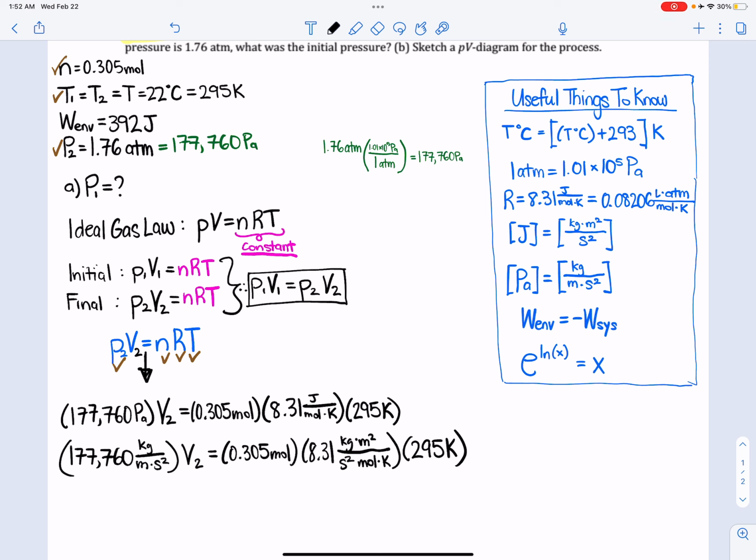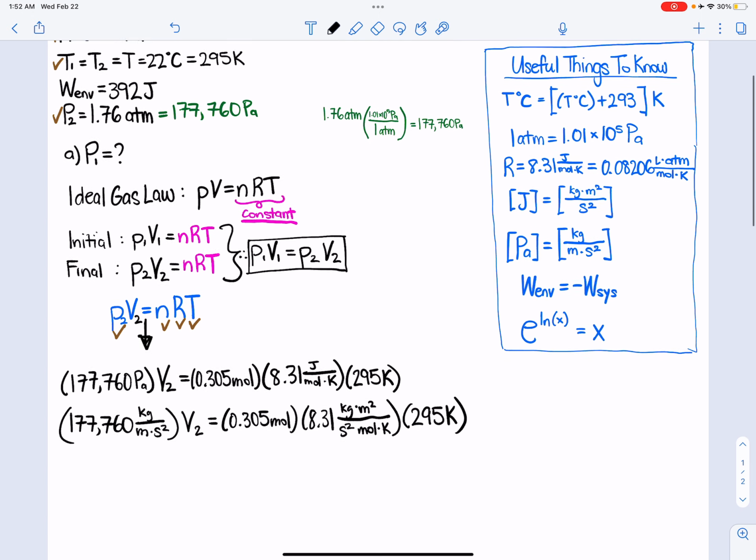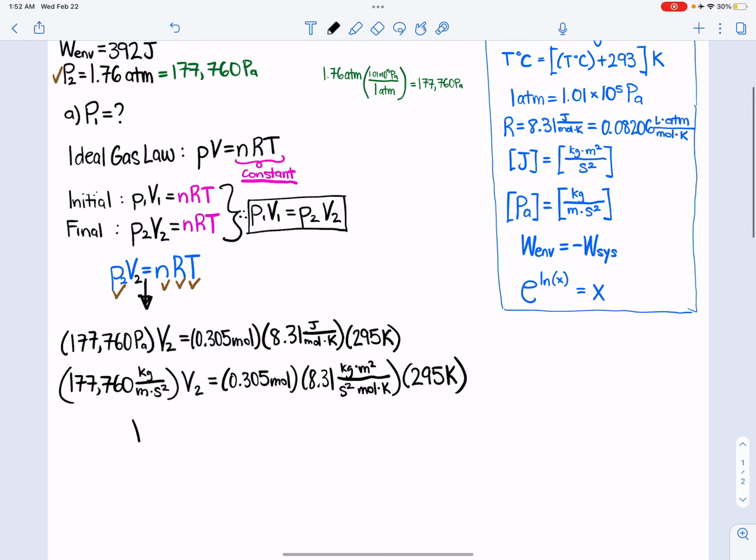So I could move everything to the right side and leave my volume at the second state on the left side of the equation.